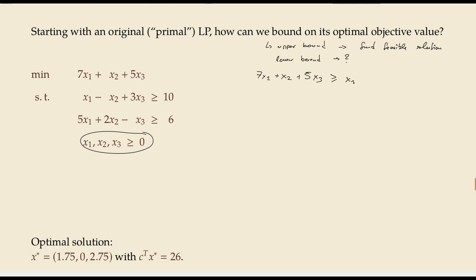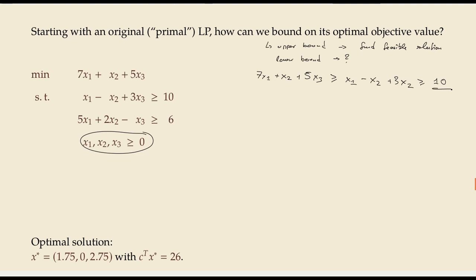So let's say we drop a few of the x1s, we drop a few more of the x2s, and we also drop a few of the x3s. Well, not really by coincidence, what I produced here is exactly the first of the two constraints. And we know for every feasible solution that this must be greater or equal to 10, because that was part of the feasibility constraints. So we found a lower bound on our objective value, namely 10.